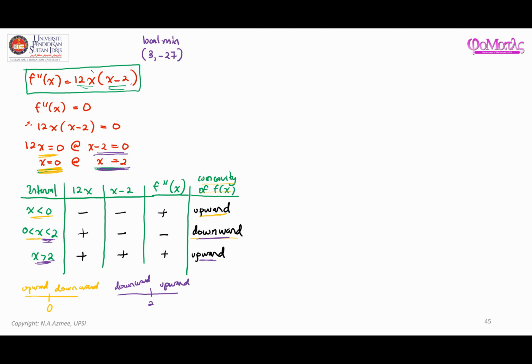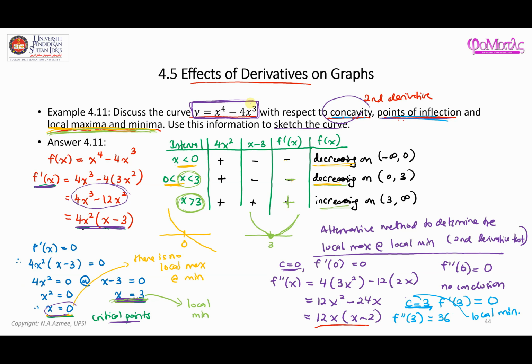Next, we have other important points that you need to consider, which are the points of inflection. First, when x is equal to 0, when you substitute into this function, the answer is 0.